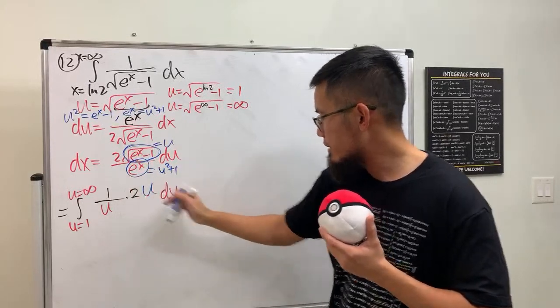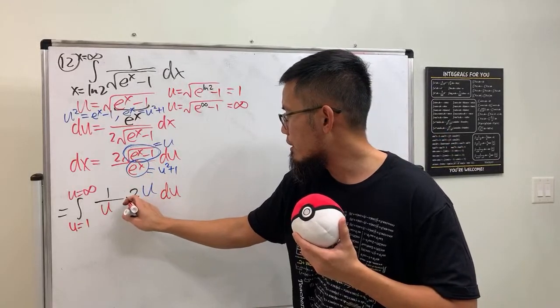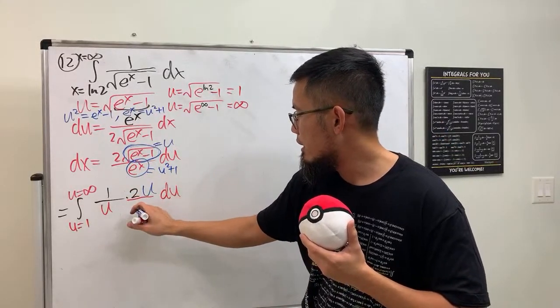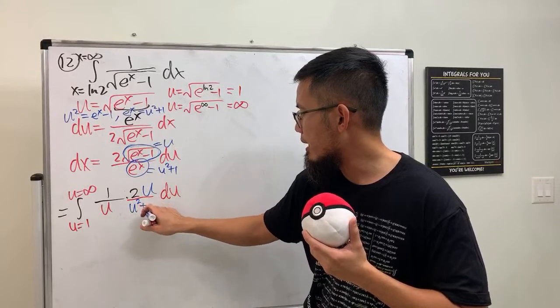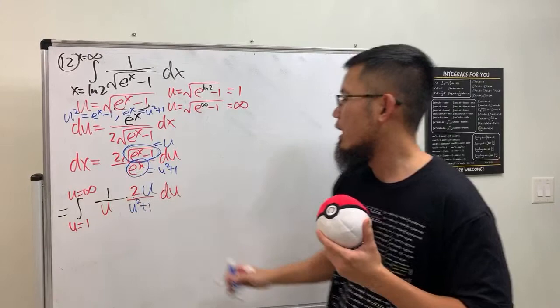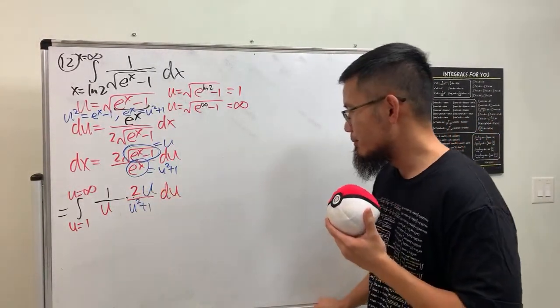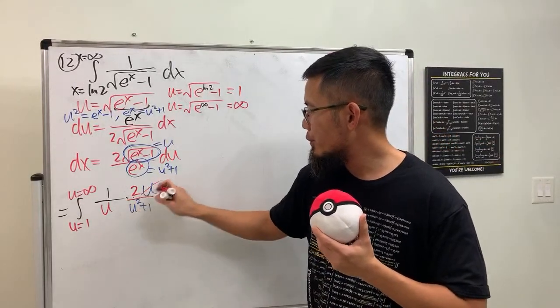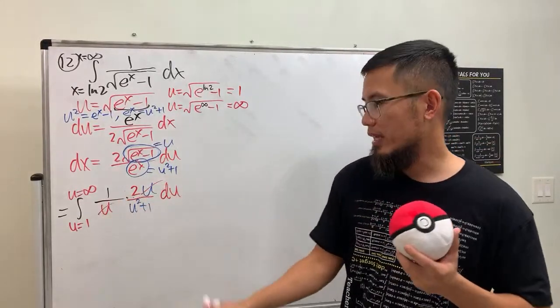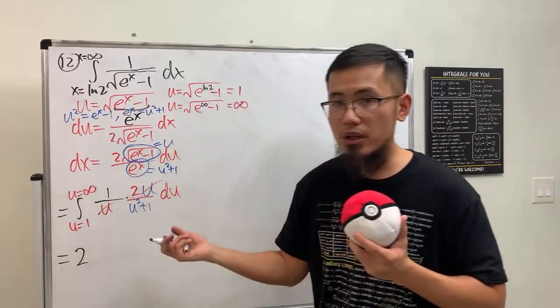Right? So we have this over u squared plus 1. And by the way, the 2 should be in red. Yeah? All right. Now, you see that u and u cancel out very nicely. And then here, we just have 2. That's the constant multiple, and that's it.